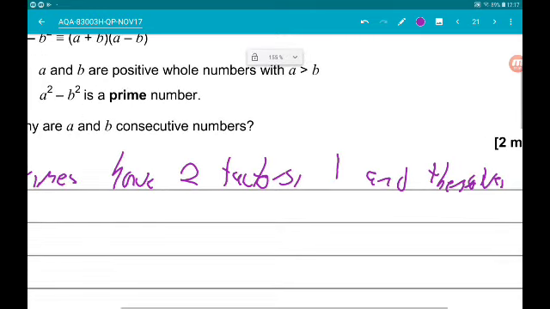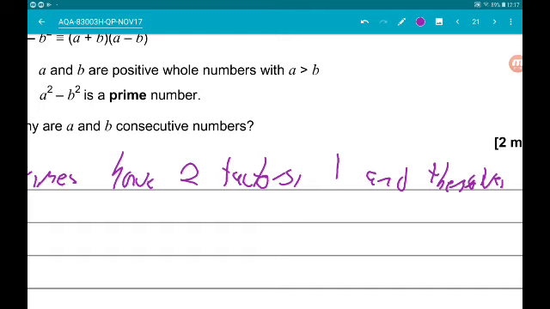So, when you factorize an algebraic expression, you are finding the factors of that number. Remember, algebra is just numbers, it's just letters or numbers in disguise.